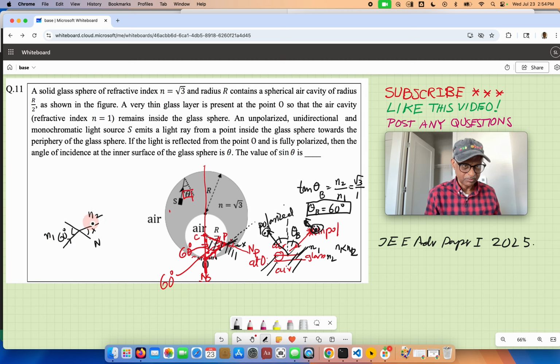So these were the reversed rays. So 1 times sine 60 degrees equals square root of 3 times sine x, which we want.